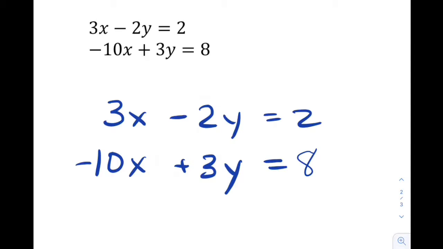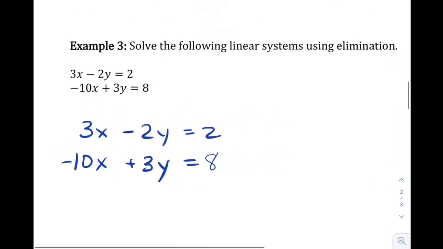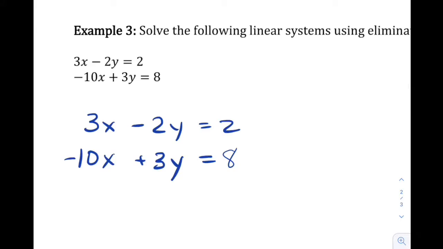So what we're going to have to do in this case is multiply both the equations. So in this case, we'll eliminate y. It doesn't matter which one we get rid of, but I'm going to eliminate y just because we eliminated x in the first couple. But what I want to do is find a common multiple between 2 and 3. The signs don't matter when we're doing this. In this case, it's 6.